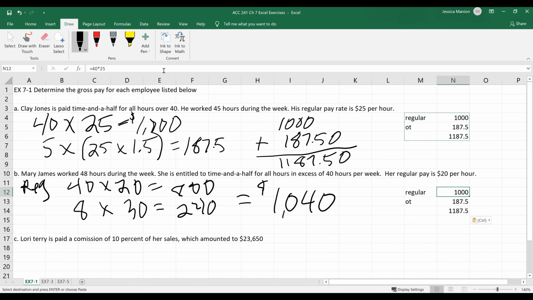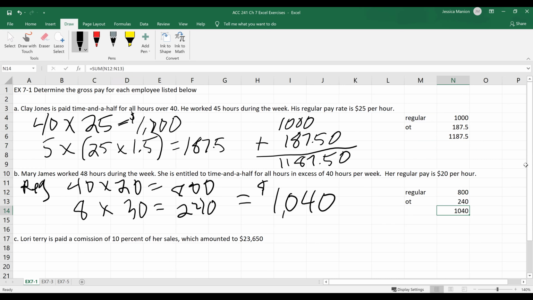But if regular is 20 now instead of 25, and then again, we're basing OT on 20 now instead of 25. Oh, it was 8 hours though, not 5. I was like, oh, what happened? 8 hours overtime instead of 5, 1,040.